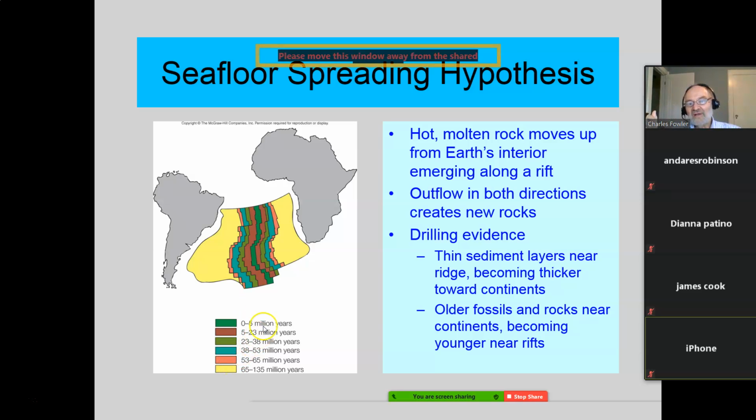Outside of that, in the sort of olive green here, that's 23 to 38 million years old fossils. And then outside that, the aqua blue out here, that would be 38 to 53 million years. The kind of pinkish out here, that's 53 to 65 million years. And then for a long, broad period there from 65 to 135, of course that's 70 million years, that's longer than everything else put together.